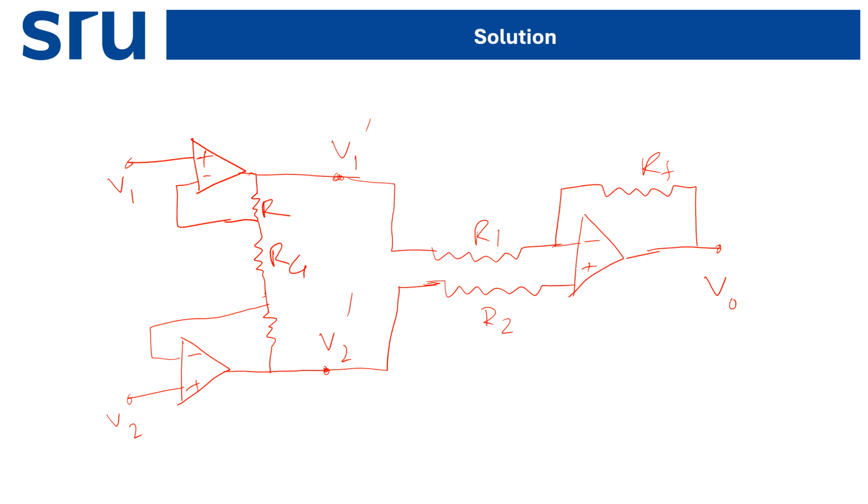So this is our total instrumentation amplifier circuit. And as you know, the output V out will be equal to 1 plus 2R by Rg, multiplied by Rf by R1, and then multiplied by V2 minus V1.